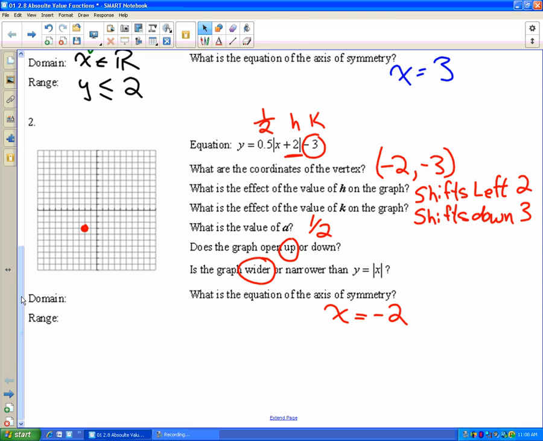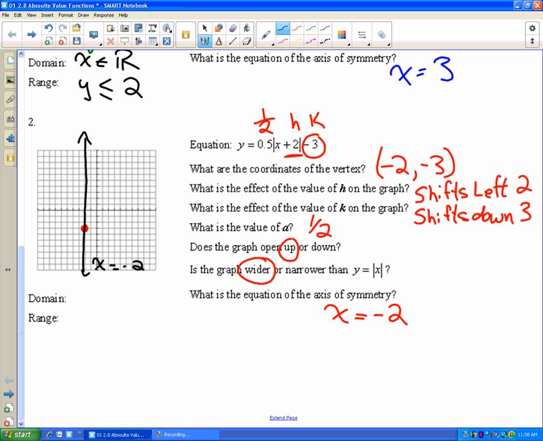So now I can come to my graph and I can say, okay, I have my axis of symmetry, which is x is equal to -2. I have my vertex -2, -3. I know that this is a V that opens up and it's wider than normal.